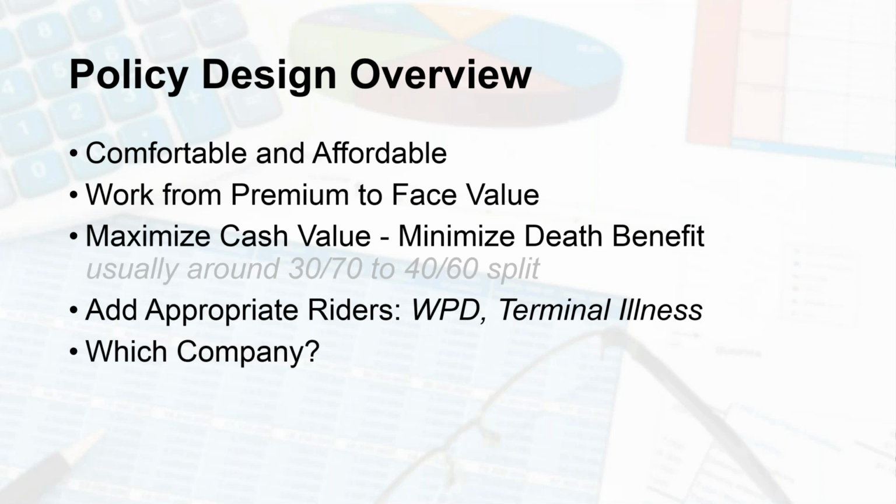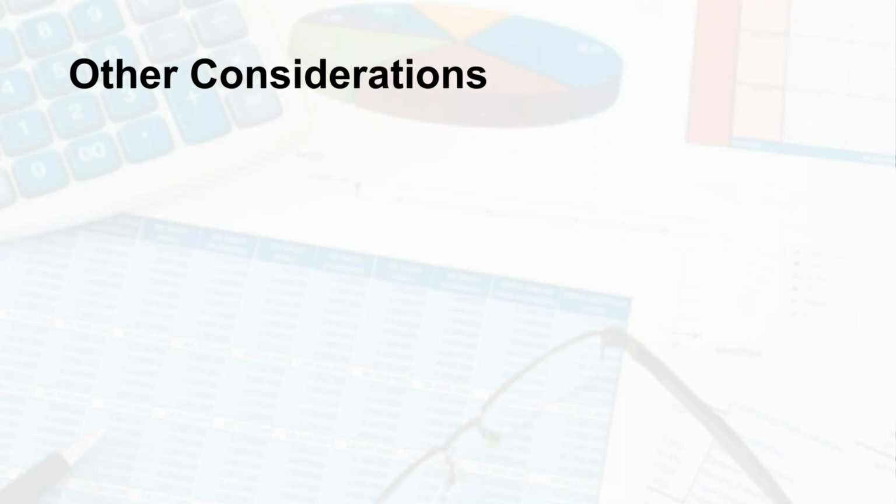And then when we're actually working with the client, we focus on the guarantees that they're looking at on the policies. Once they have the policies, then we can look at some other considerations as well. And these other considerations sometimes come into play even before they have the policies. For example, outstanding debt.